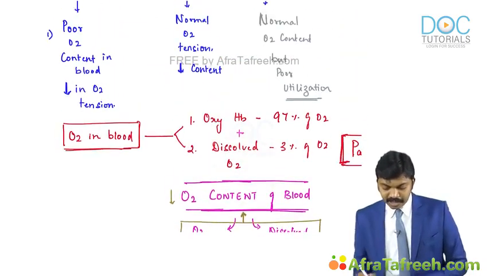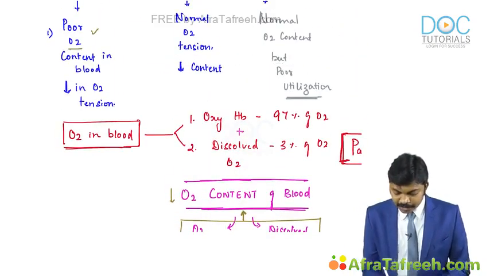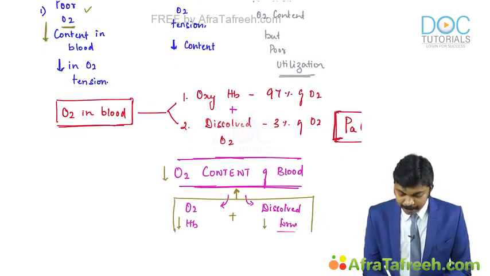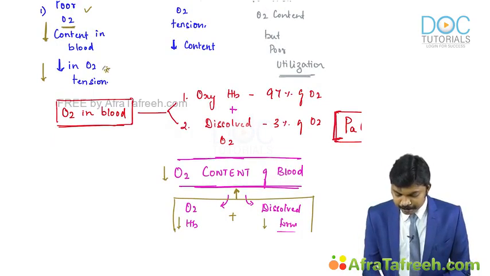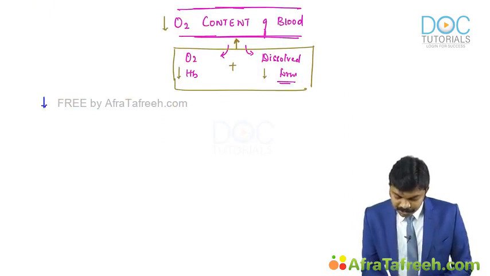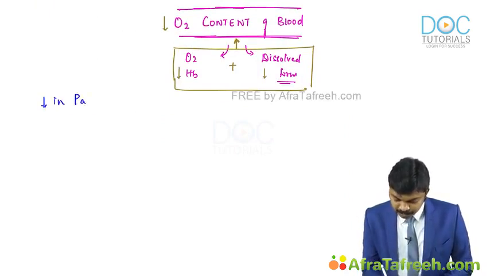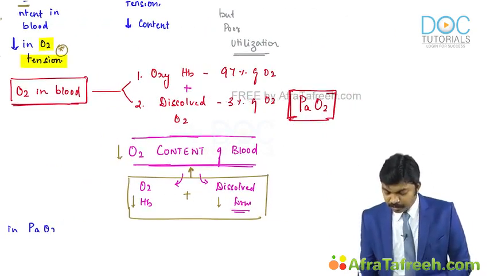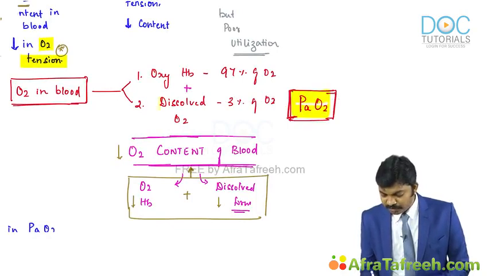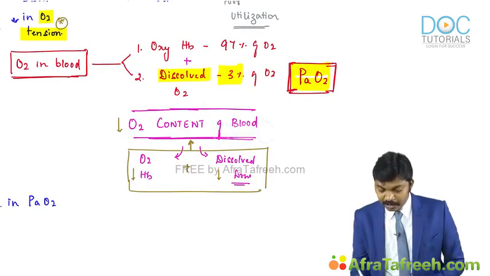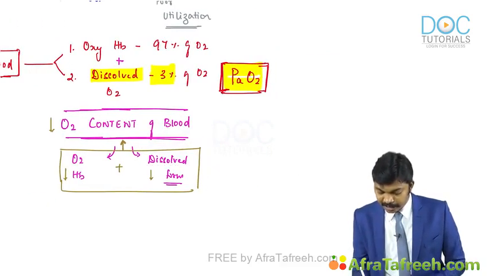Right, doctors? Let us take up the very first condition, poor oxygen content. There is going to be a reduced oxygen content, and at the same time reduced oxygen tension. So what are we speaking of here? There is going to be a reduction in partial pressure of oxygen. This is called oxygen tension, PaO2. The dissolved form, the 3%, contributes to partial pressure, and that is represented as oxygen tension.